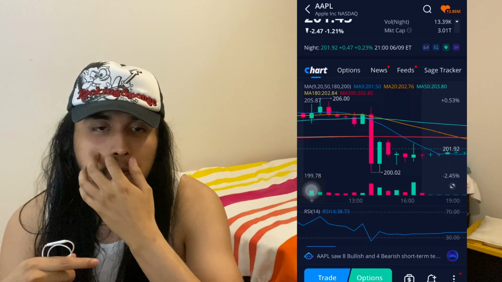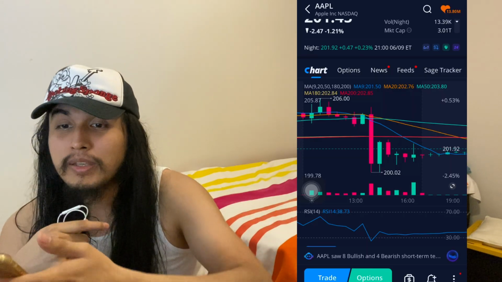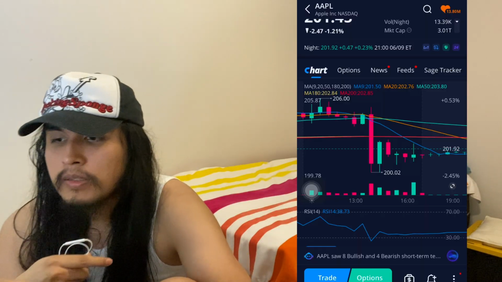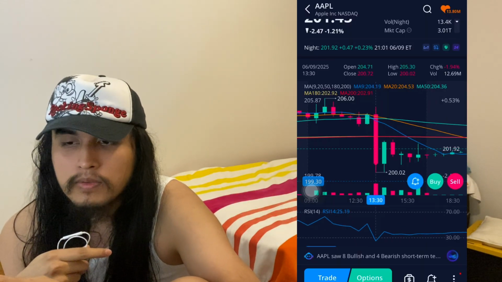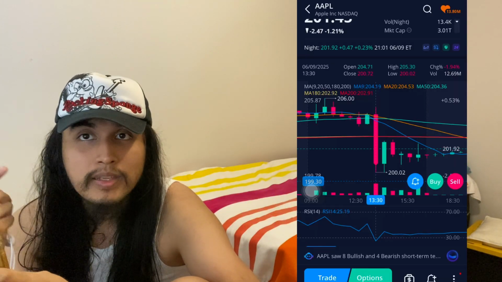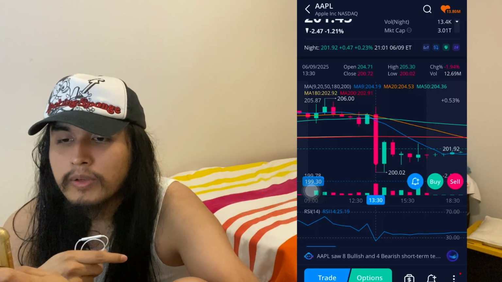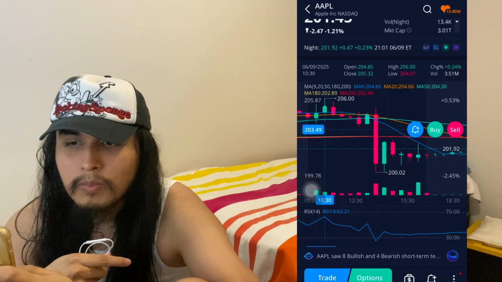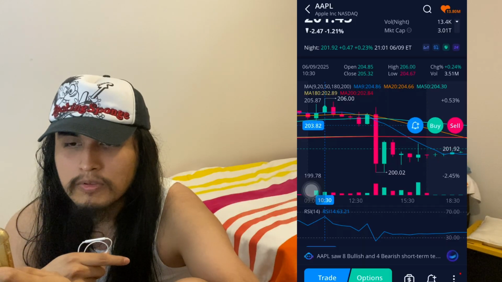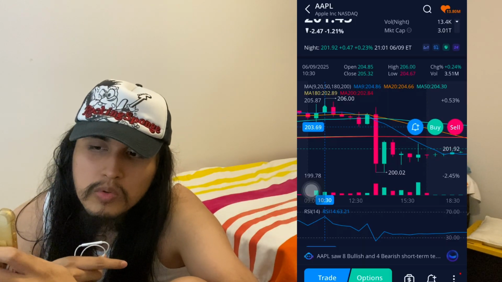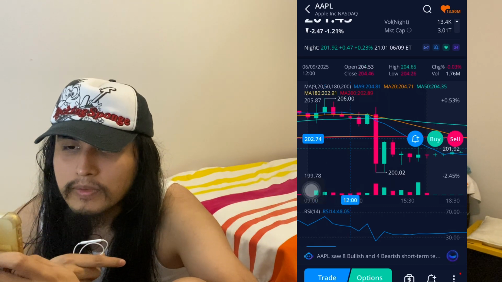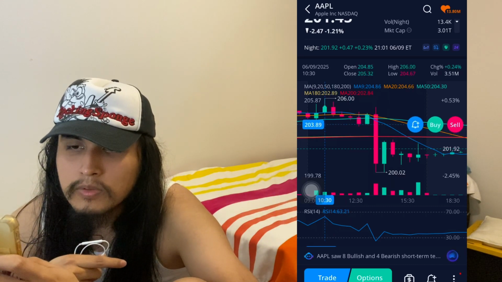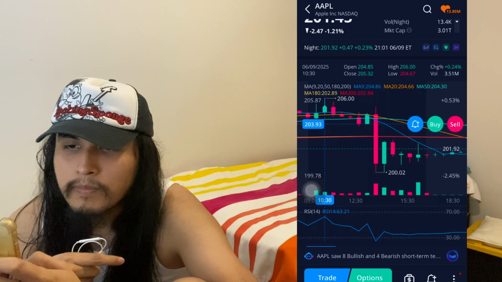Another thing you could have done is this. The second way you could have known when to sell out your position is by looking at this little small support around 203.71. Let's do it right here. 203.98.